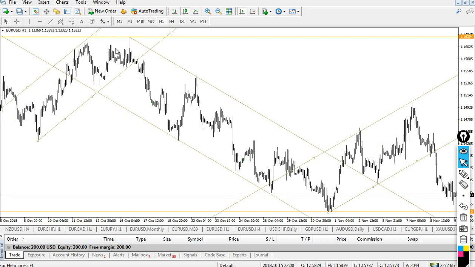I told you that when you see a pullback, you will enter for a sell, because there is no valid bullish channel now.